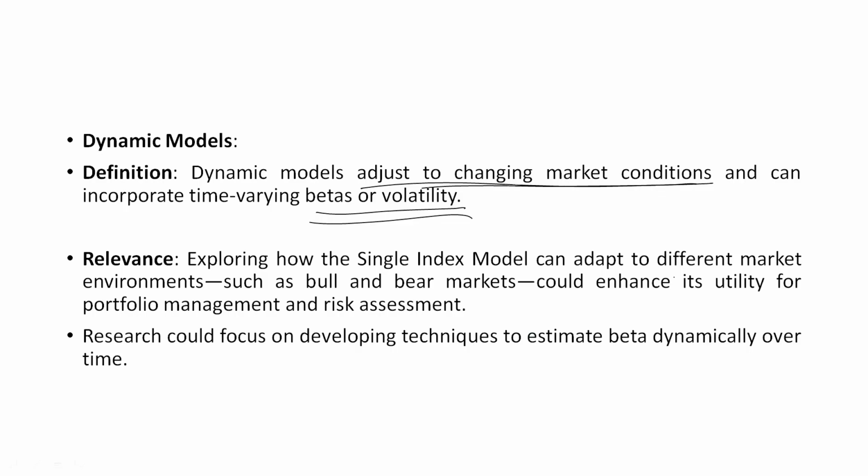And how is it relevant? It is relevant because we are functioning in different market environments, where the market is either going up or coming down, either a bullish market or a bearish market. These factors can help in constructing portfolios and in managing risk in the long run.